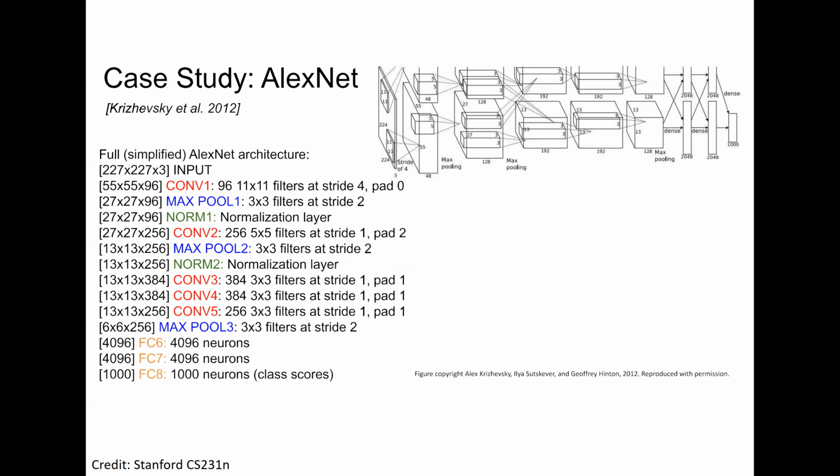Okay, and we can proceed up to the end of this architecture. The input size was 227 by 227 by 3. And it becomes 55 by 55 by 96. And after max pooling and normalization, the dimension does not change like this.